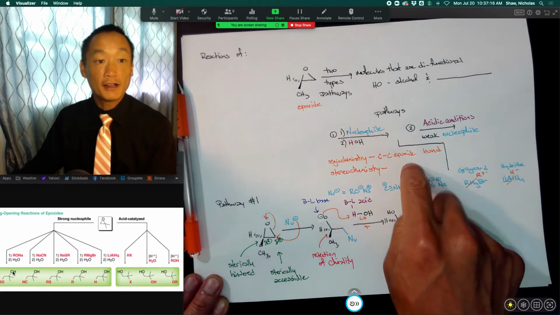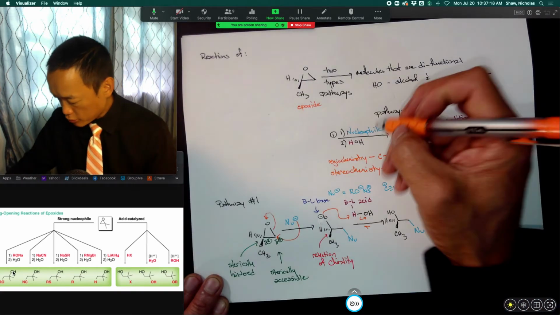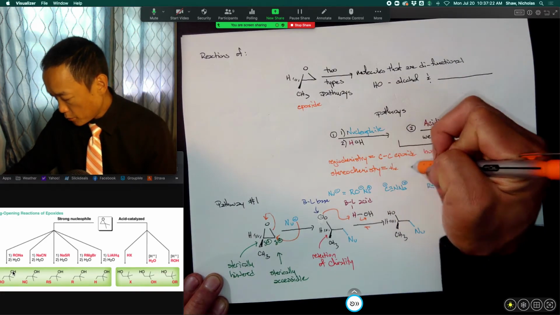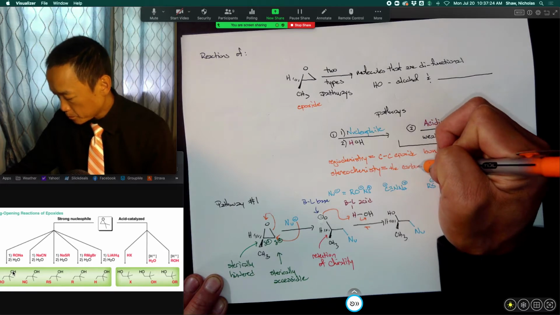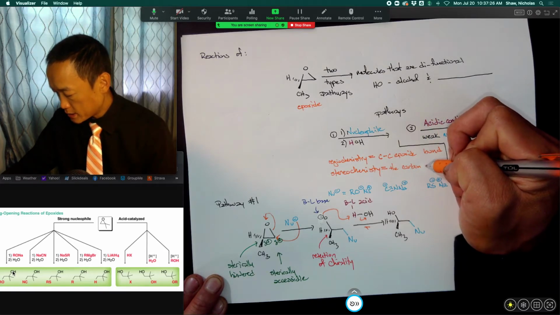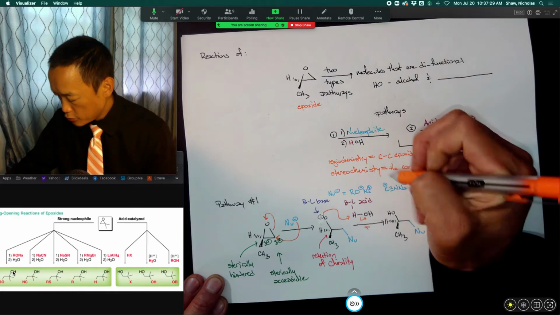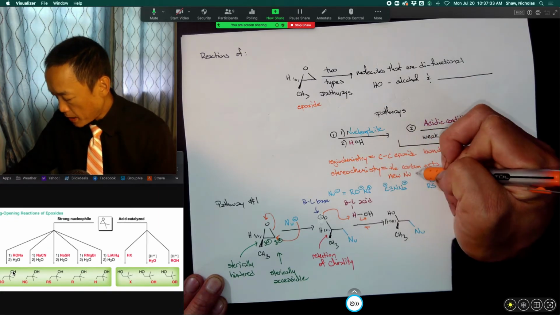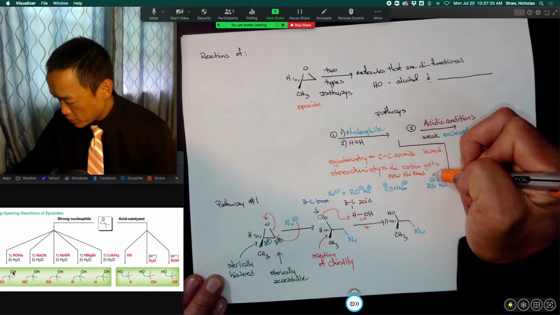And then the stereochemistry, it appears to me like the carbon that gets the new nucleophile bond inverts.